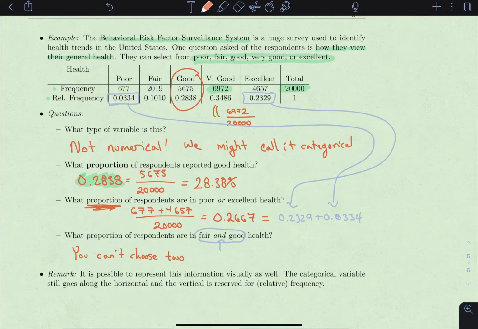So if we were thinking about heights of people and we had broken people up into bins based on half a foot, you couldn't be in the 4.5 to 5 feet and the 5 to 5.5 feet. You can't choose 2 answers. So this proportion is 0, or 0% of the people chose both fair and good health.